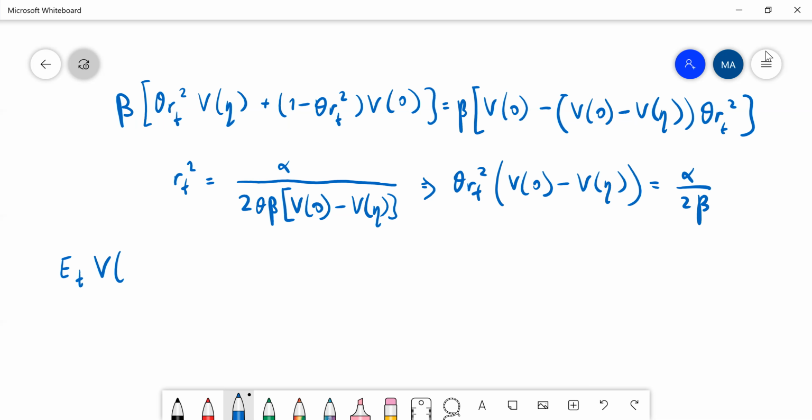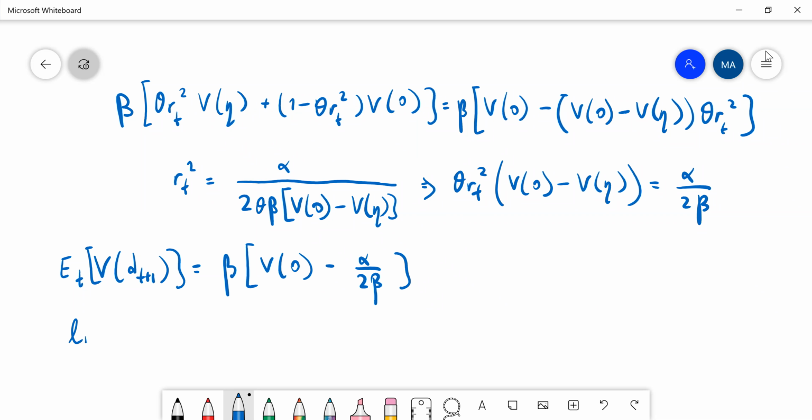Expected value of V dt plus 1 is going to be equal to beta V0 minus alpha 2 beta, okay? And RT, let me also write ln RT.